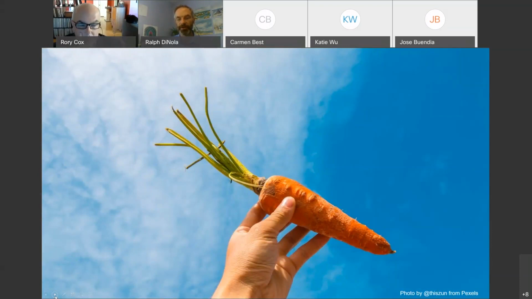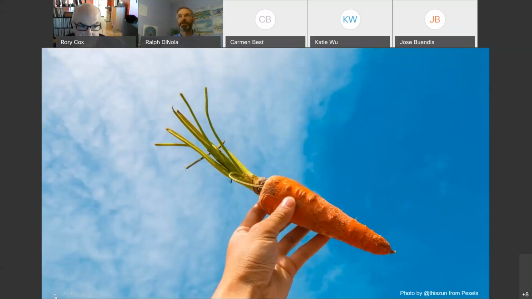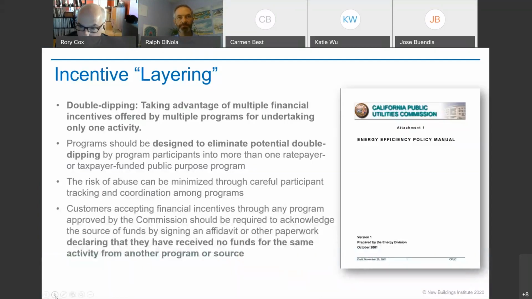And there are, as Rory shared, a robust set of incentives in place in California, but are they working in a harmonized manner to deliver the promise of the climate goals that we seek, along with other benefits?